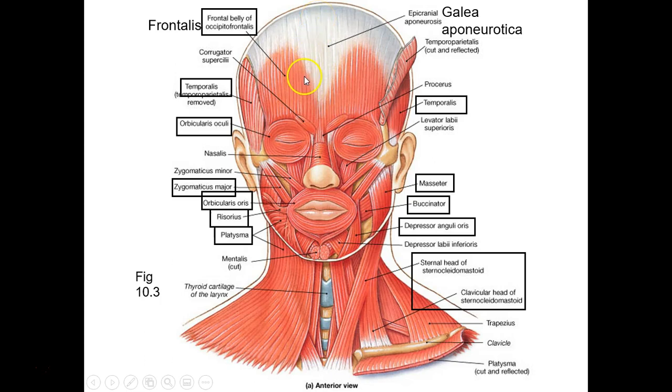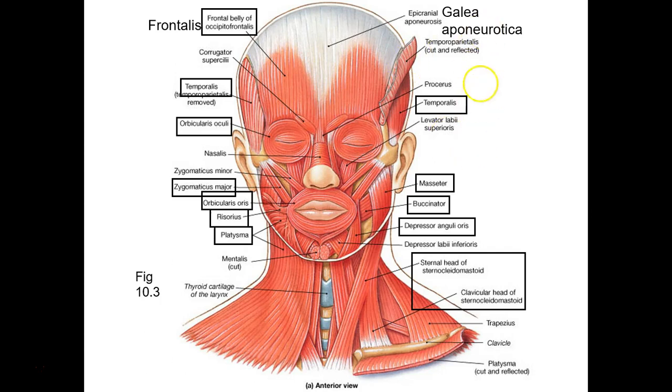All right. On the side here, by the temporal bone, temporalis, that actually helps you chew. So that's going to be called what they call a muscle of mastication.